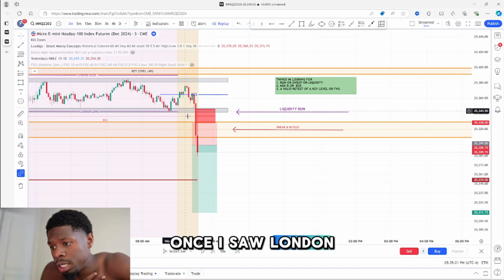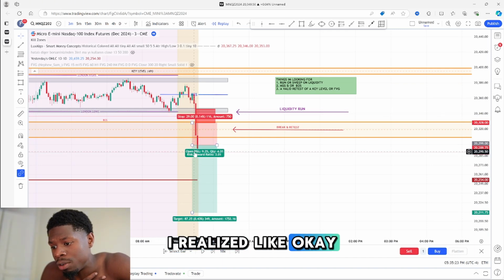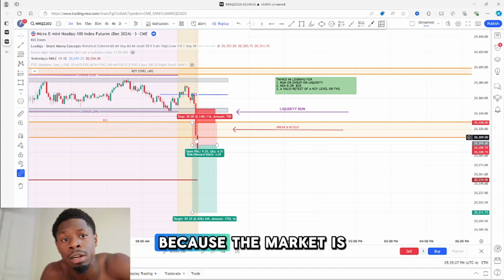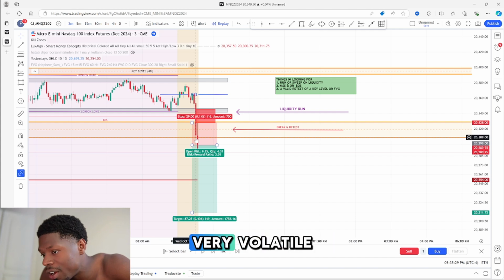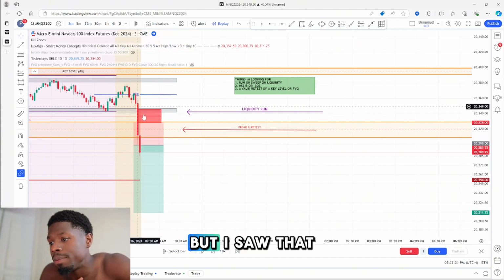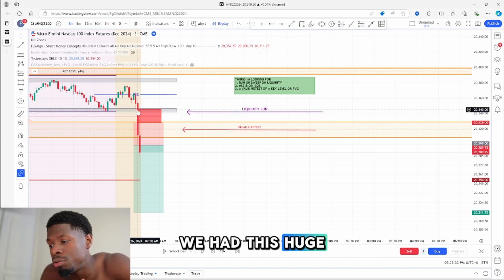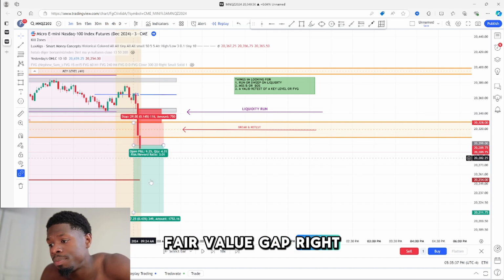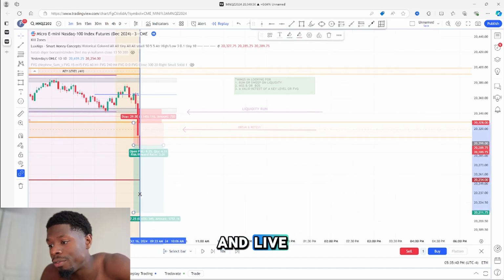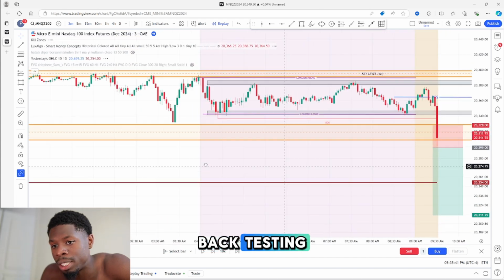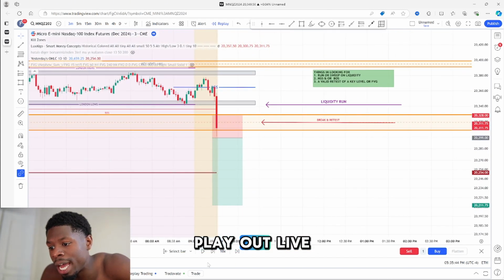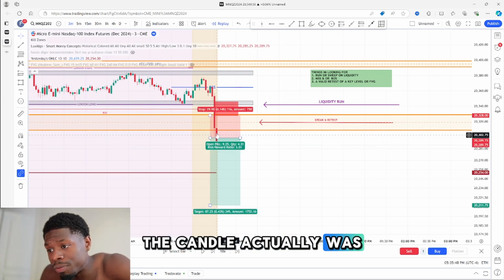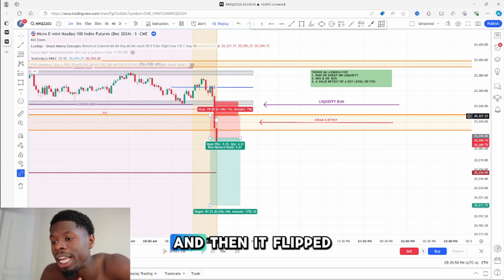Once I saw London lows get ran, I realized, okay, it's like 9:30. I usually don't like getting in at 9:30 because the market is very, very volatile. But I saw that we had this huge fair value gap, a bearish fair value gap, right? And live, you can't see it now really while I'm back testing, but watching this trade play out live, the candle actually was going bullish and then it flipped.